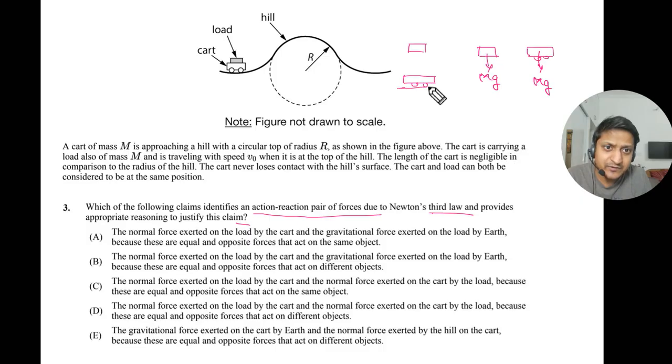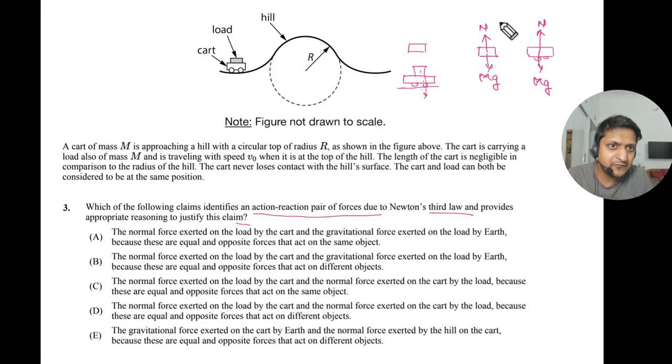But if it is on earth, there will be a normal, because the earth will put some normal. Similarly, when this object is here, it will get a normal from this cart, and now this cart will also put some normal downwards.